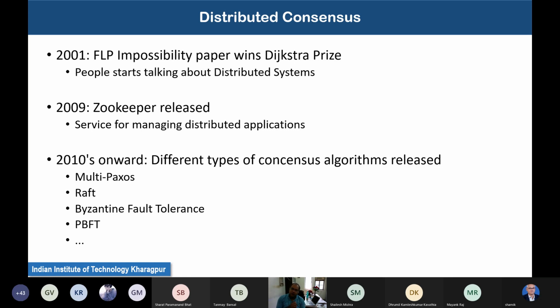And from 2010 onwards, different types of consensus algorithms were released. So people started designing different notions of distributed consensus, and various algorithms like multi-Paxos, Raft, and Byzantine fault-tolerant algorithms, PBFT, practical Byzantine fault-tolerant, all these algorithms came into the market.